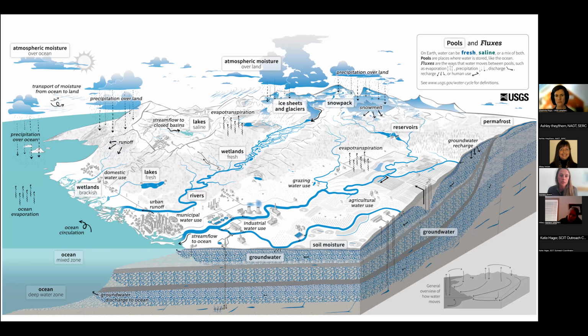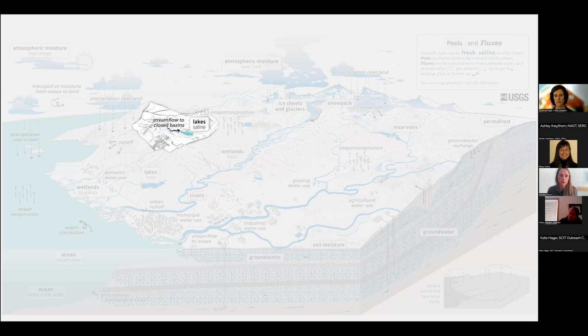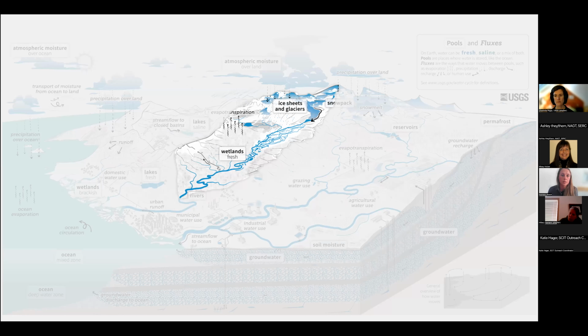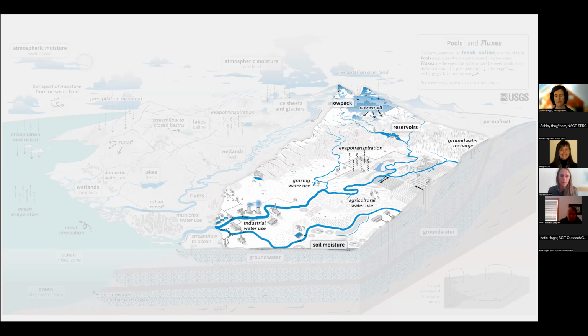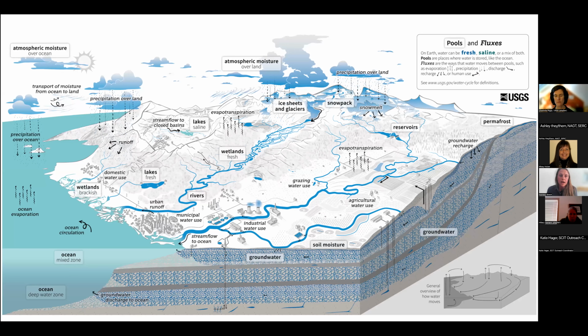To that end, we included multiple regions: a coastal plain, a dry closed basin, a wetter basin with minimal human presence, and an agricultural basin. Each of these has its own unique pools and fluxes, for example, saline lakes, glaciers, and reservoirs, but they're connected by processes that occur across watersheds and at continental scales, like atmospheric transport of moisture.